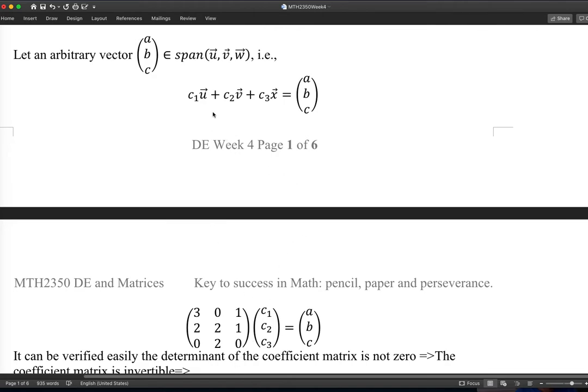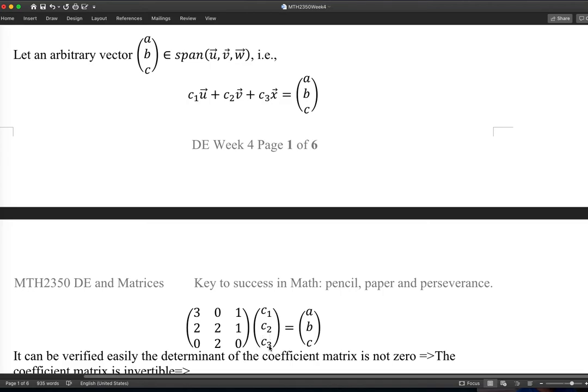Okay, you want to convert this vector equation into a system of equations. And they also use the matrix multiplication. The coefficient matrix is always formed by u, v, x in column form: column u, column v, column x.